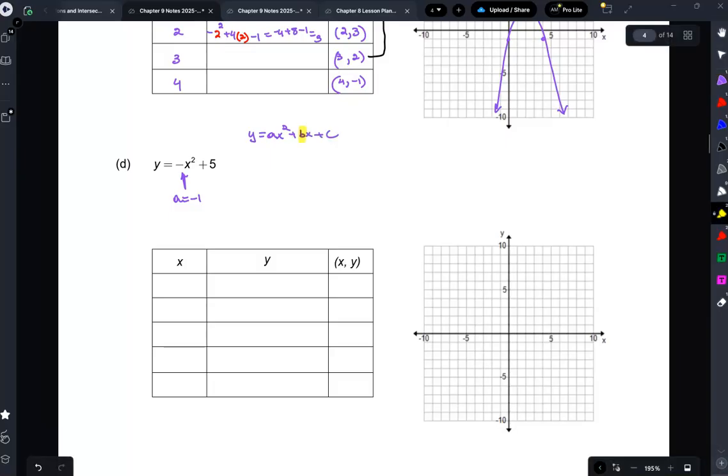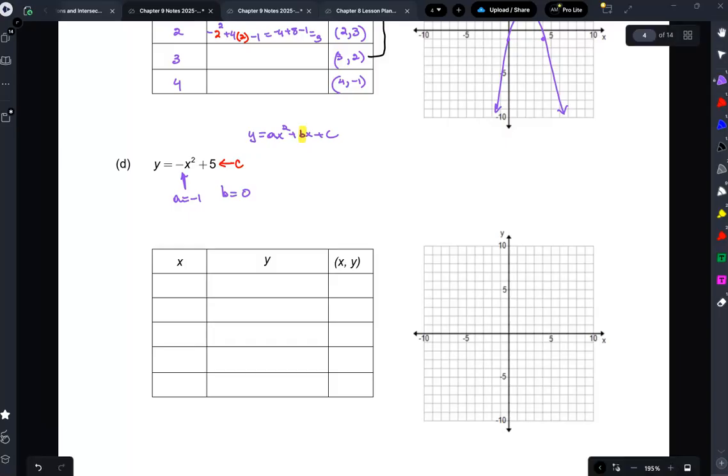B is the one next to the x. It's the coefficient of the x. Here there is no x, which means the coefficient was 0. It was 0x. What's this number then? This is actually C. The constant is C, but we don't need it. We can ignore it for this entire thing that we're doing here.